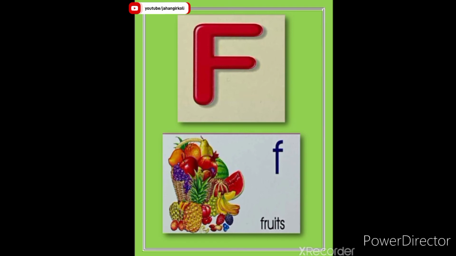F is for fruits. F-R-U-I-T-S, fruits. F is for fruits.